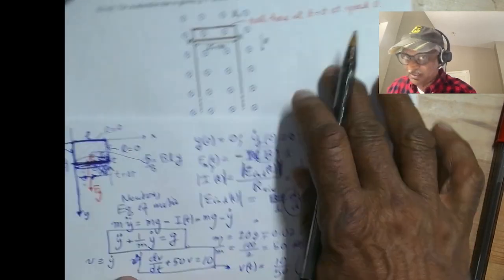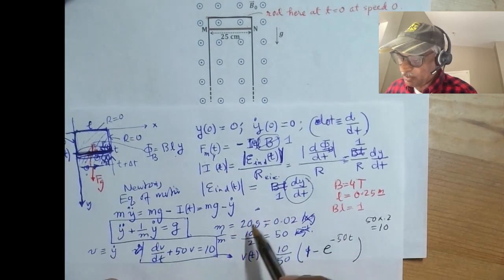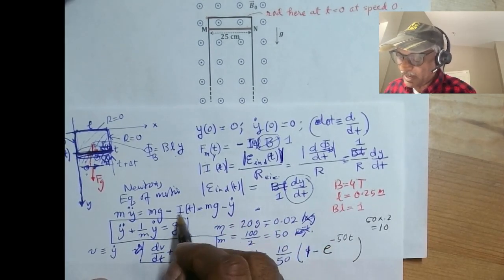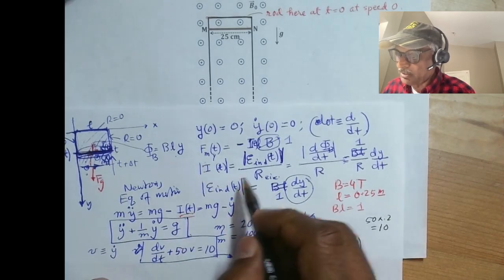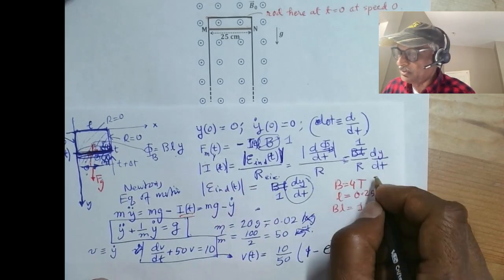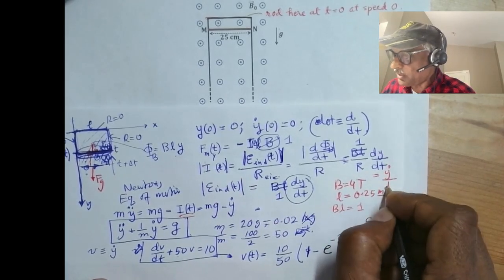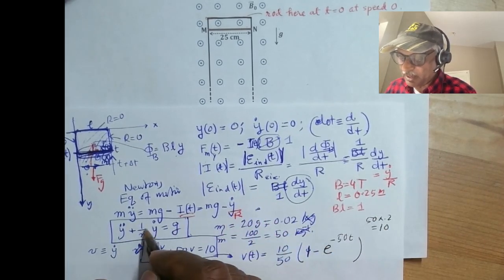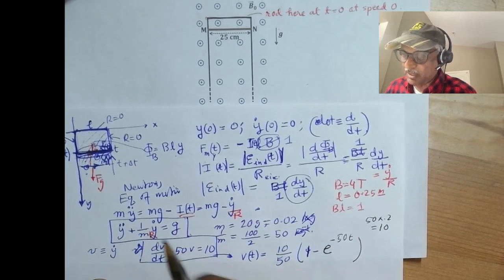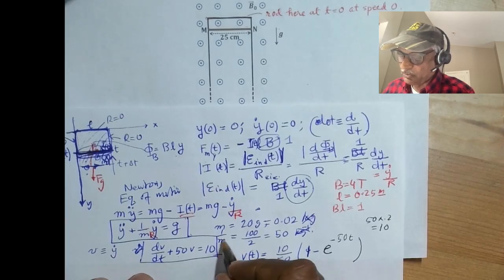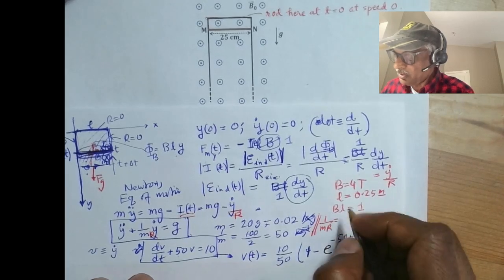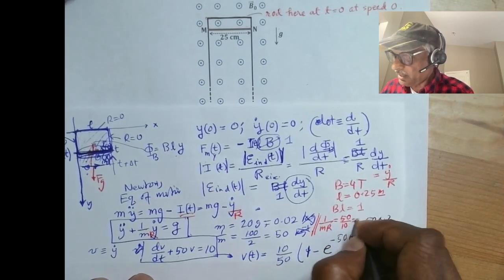So I think something went wrong. Let me check. I go back, so I of t is y dot over R. That's what the mistake is, y dot over R. So when I divide by m, I should get mR. So 1 over m is 50, and dividing by R, it's 50 over 10, which is 5.